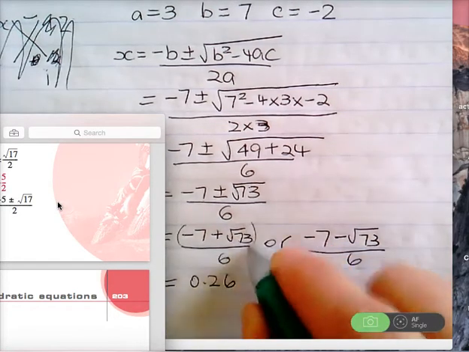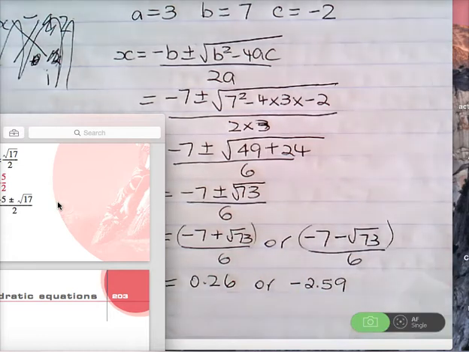You do not press negative 7 plus root 73 divide by 6, or you get the wrong answer. It's all of the top row. You either go negative 7 plus root 73, equals, and then divide by 6. Otherwise, you're just going to divide the square root of 73 by 6.